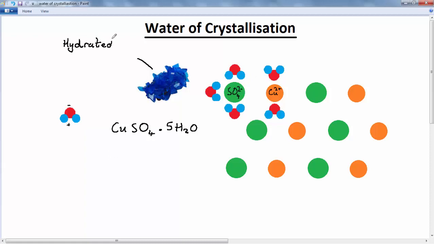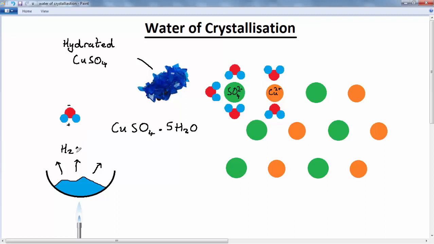Let's just write hydrated copper sulfate. And if we heat these copper sulfate crystals in a crucible, we will drive the water molecules out of the crystalline lattice. Let's do that. So the water will slowly evaporate, if you heat it gently, from the hydrated copper sulfate.